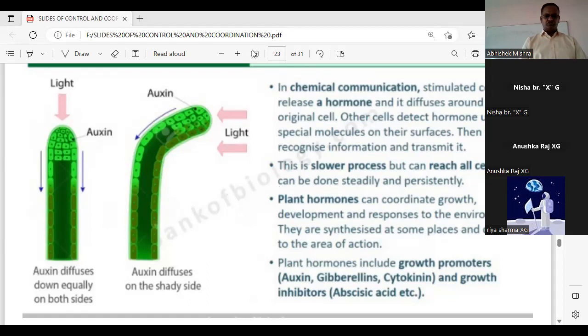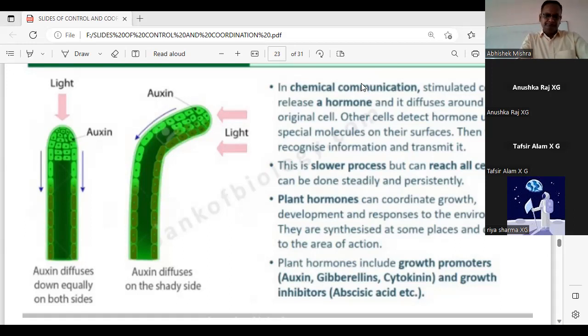Okay, next this question to Tafsheer. Tafsheer, unmute yourself. If the light comes from upward, the oxygen diffuses equally on both sides.